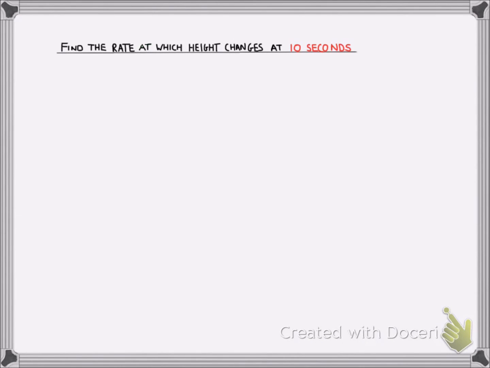Now in the last part of the question we're asked to find the rate at which the height of the water is changing after 10 seconds of emptying, and that is just a simple case of putting in 10 seconds into our expression for dH by dt.